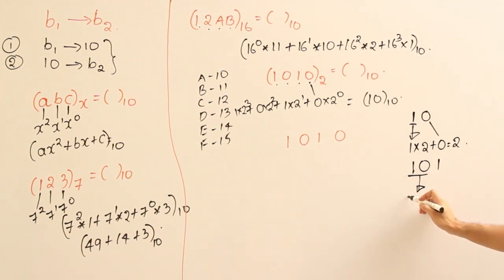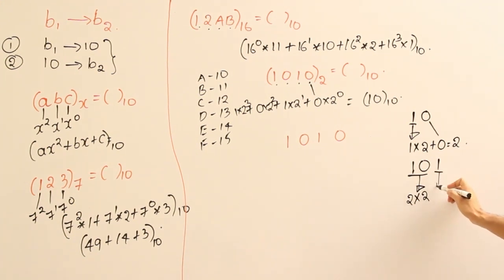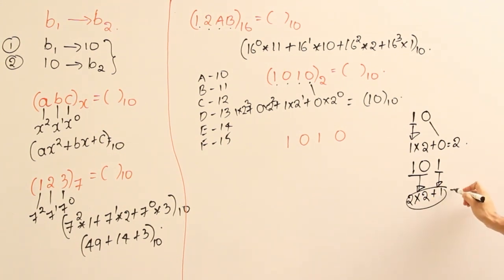The earlier number's value was 2, multiply with its base, which is 2, and then add this one. Then what do we get? 5 is what I got. Understood this? 101 is 5.